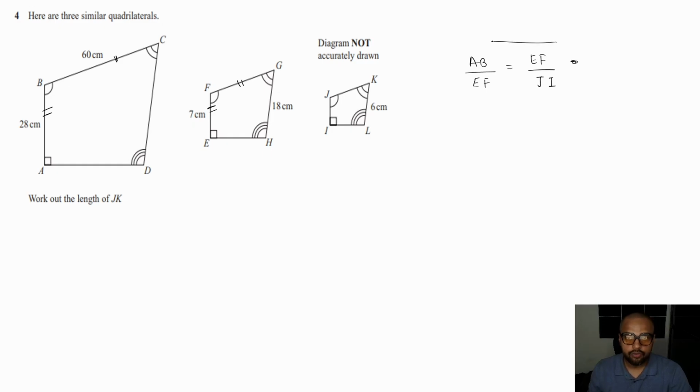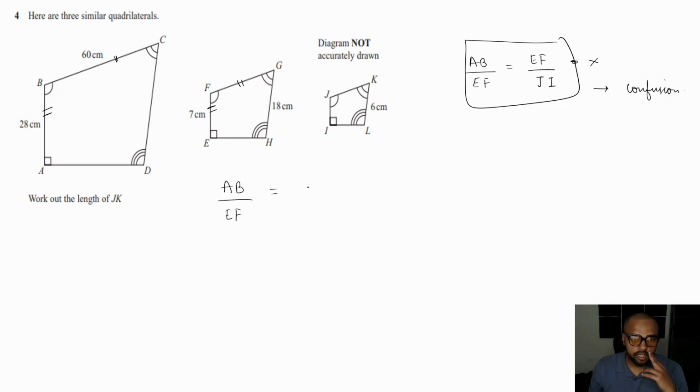We'll not go with this one, as it will create confusion, so I'm opting for a different method. Since all the quadrilaterals are similar, their sides will also be proportional in nature.